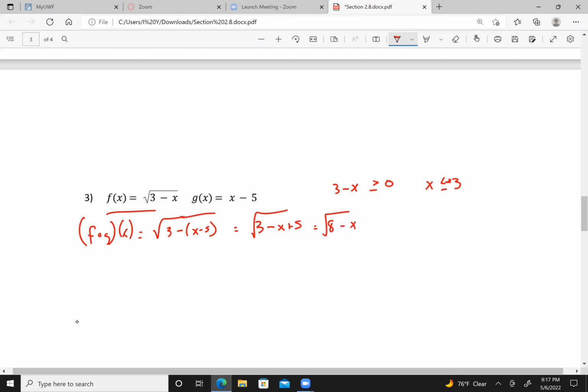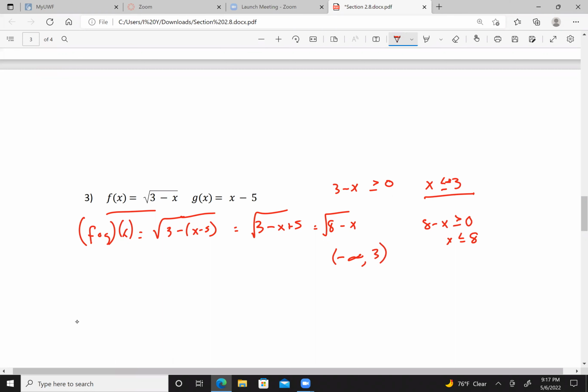So now we have to look at this. 8 minus x must be greater than or equal to 0, so x must be less than or equal to 8. However, we started off that it must be less than or equal to 3. So that's really where we're at.